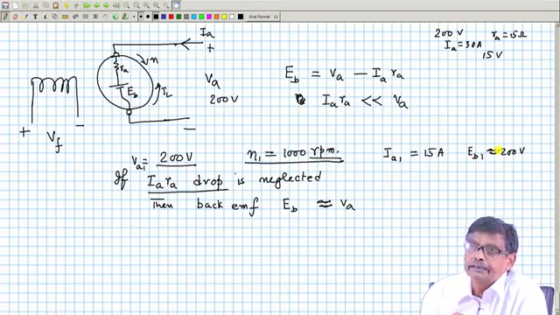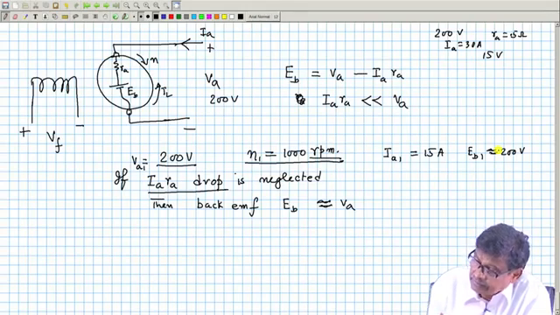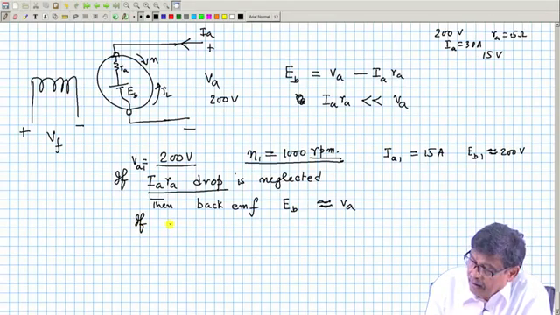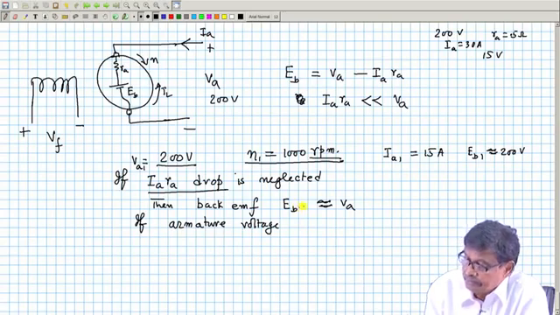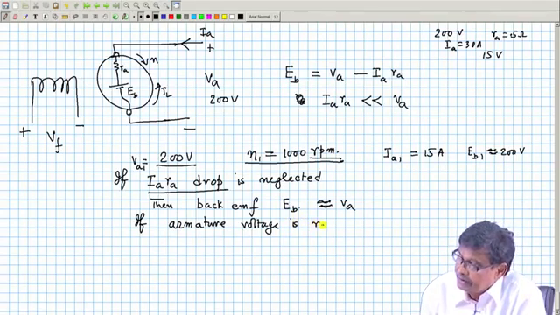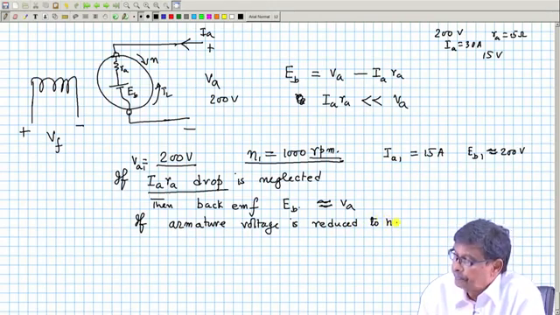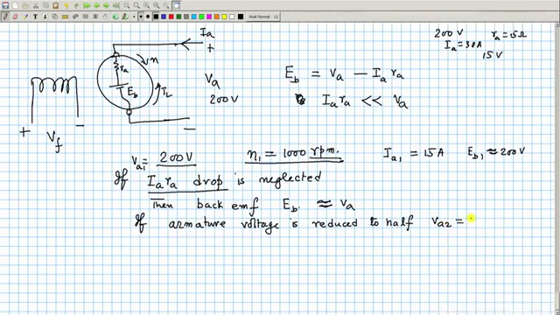Now, suppose I say that if armature voltage is reduced by half, reduced to half. That is VA2 is made equal to 100 volt, suppose I say.